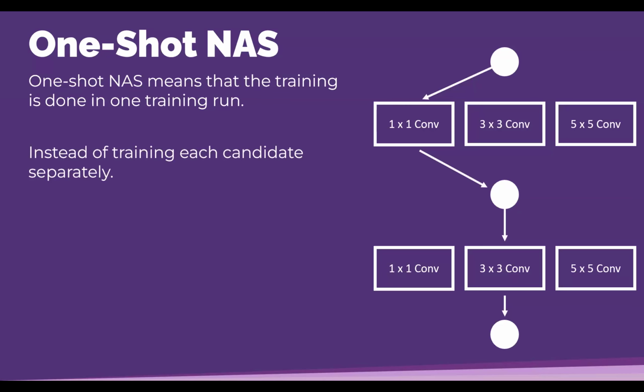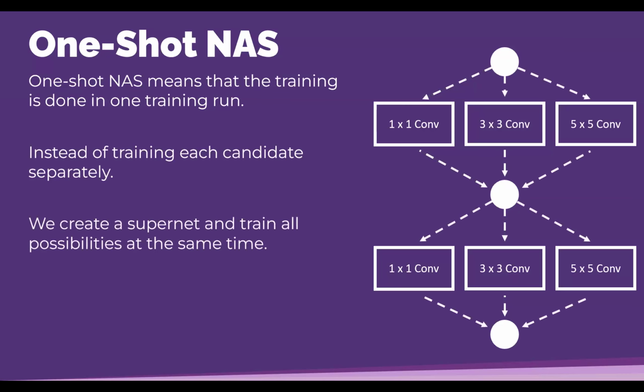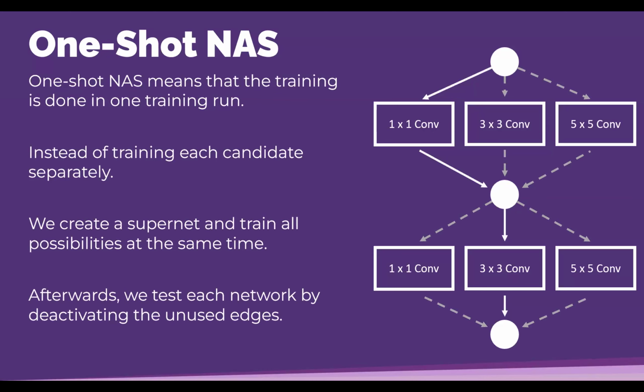Instead, in one-shot NAS, you'd create a supernet where you mix all the operations together and train them all in the same run, which usually takes longer than a single run, but is often quicker than running all 9. Then afterwards, you just deactivate the edges that you don't want, enable the ones that you do, do that 9 times and just evaluate it, which is a lot quicker than training. Then you fully train the best one out of the 9.